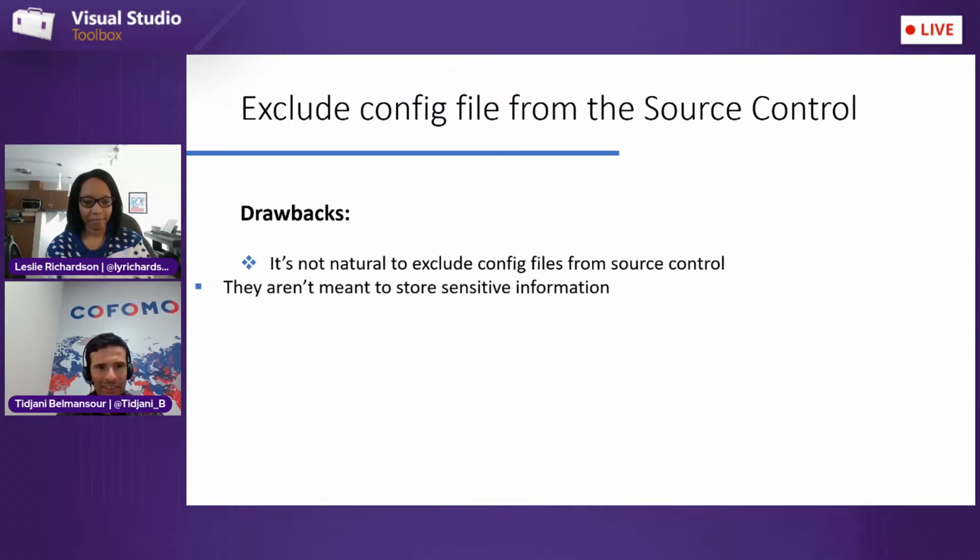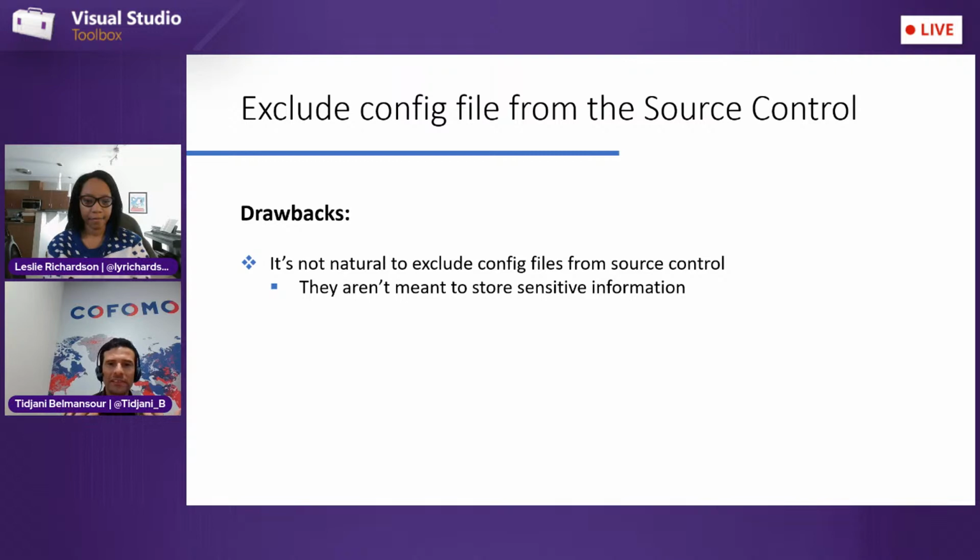but it's not natural, right? It's not natural to exclude a configuration file from source control. Why? Because usually this kind of file is here for the purpose of maintaining configuration information that we want to be able to change and modify in order to change the behavior of our code.